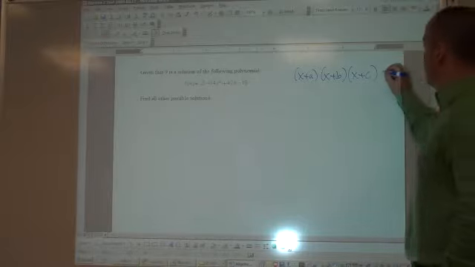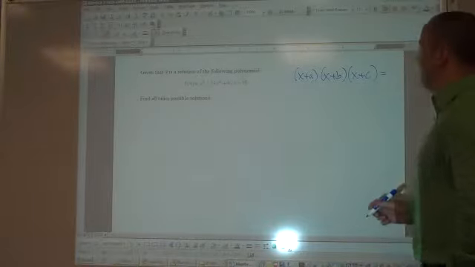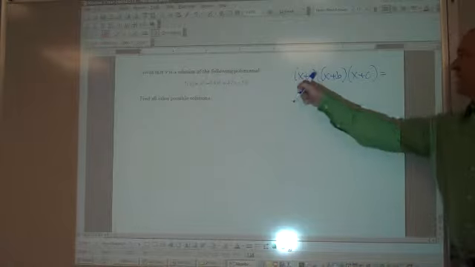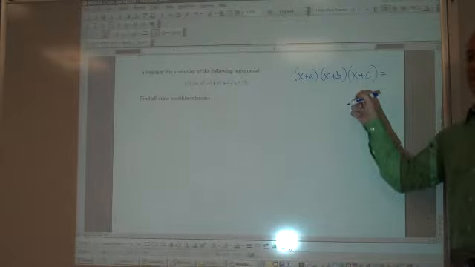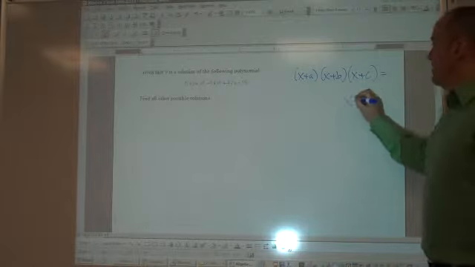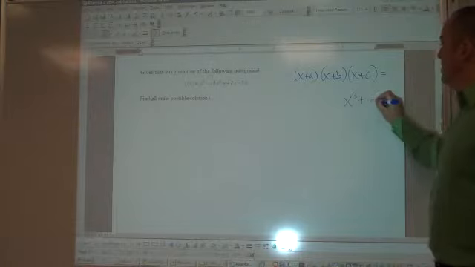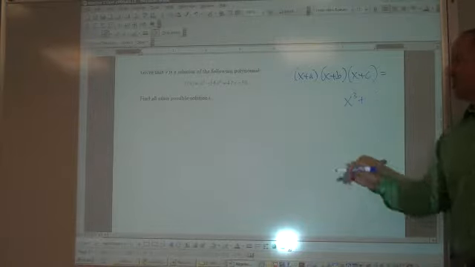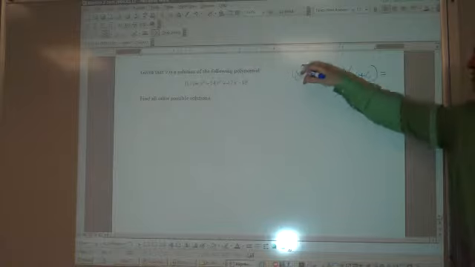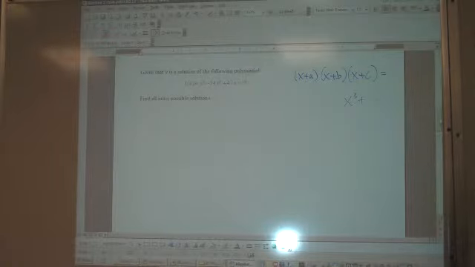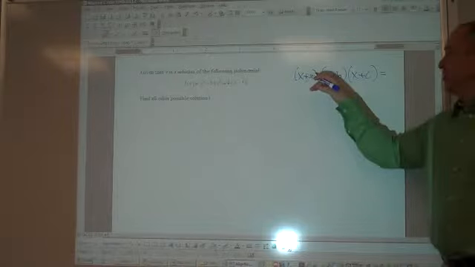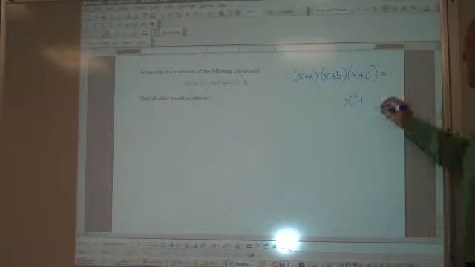For example, the first term you're going to get is x times x times x, so this is going to be x cubed plus a lot of stuff in the middle as I distribute, like x squared and x times ab. I'm not worried about that right now. The other thing is the last term of my polynomial is going to be a times b times c.